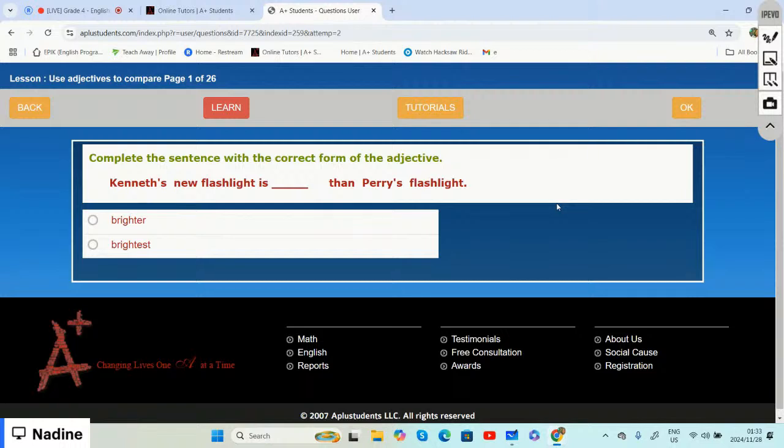So option one, brighter, or option two, it is brightest than Perry's flashlight.